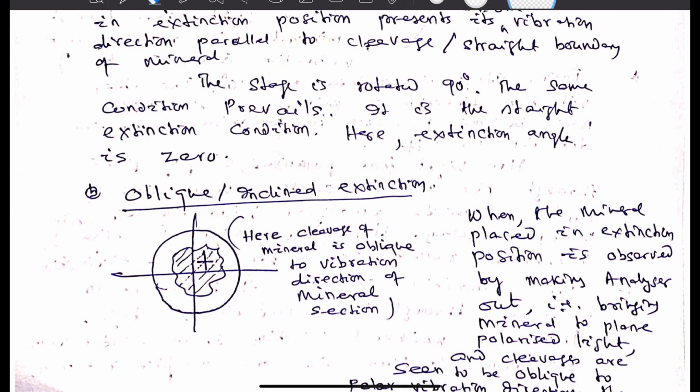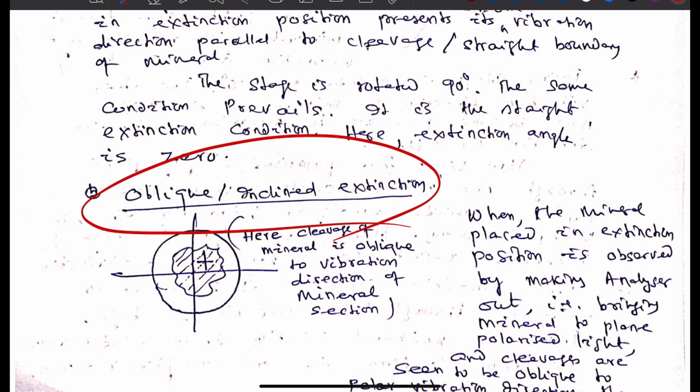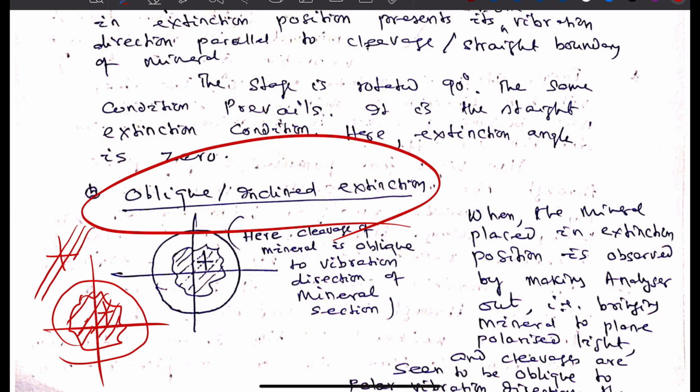Now let us come to the second type of extinction, that is inclined or oblique extinction. So here, when the mineral section is being observed in crossed-nicol condition, the vibration direction and the cleavage do not match. So vibration direction is like this, cleavages are like this. The mineral is placed in the position of extinction, that is, the vibration direction of the mineral section is parallel to the polar directions.